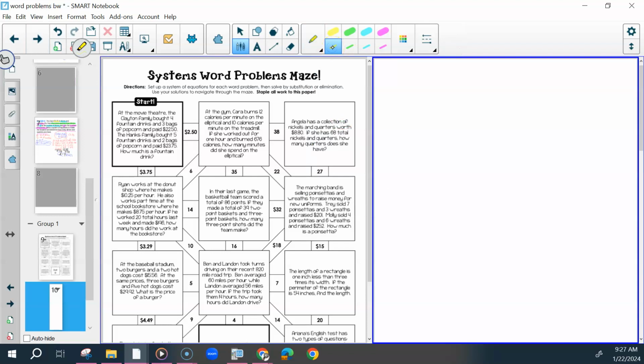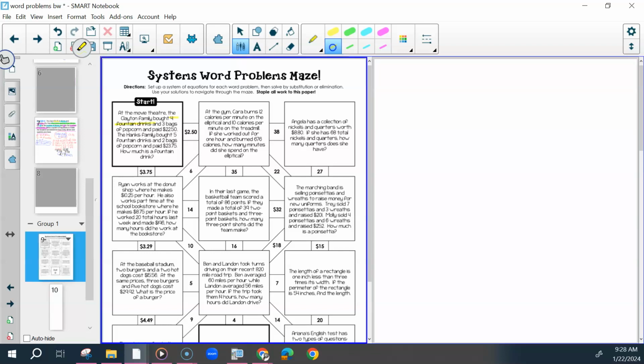Alright, so at the start, it says, at the movie theater, the Clayton family bought 4 fountain drinks and 3 bags of popcorn and paid $22.50. The Haynes family bought 5 fountain drinks and 2 bags of popcorn and paid $23.75. How much is a fountain drink? What's important there? 4 fountain drinks and 3 bags of popcorn and paid $22.50.